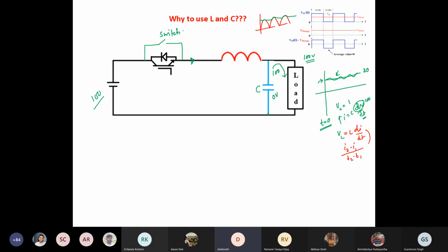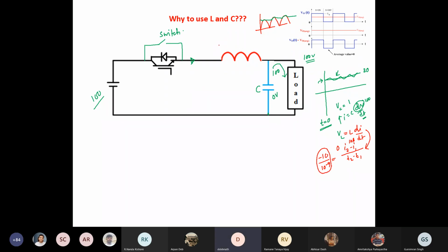This is roughly you can visualize as di by dt. So I2 has to go to 0. I1 must be some value, maybe say 10 ampere. So this value is minus 10. This value could be nanosecond, let's say 1 nanosecond, 10 to the power minus 9. So you can understand what this value will be, right? It's very large and it is negative.